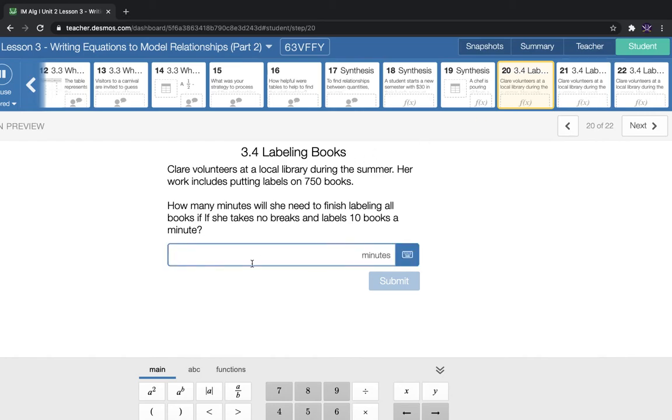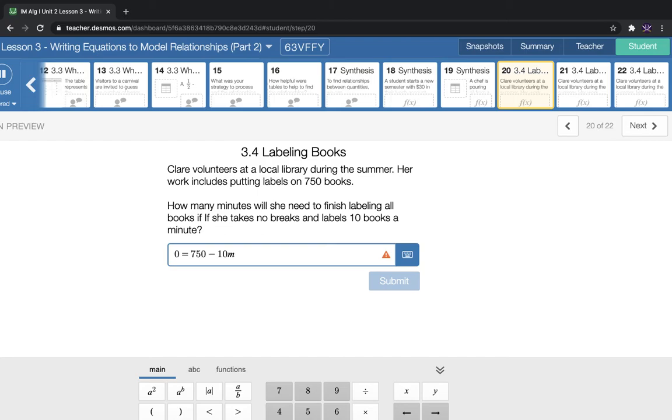We could say that, hey, we want to know when she's at 0 books, right? And that's going to be 750 because that's putting labels on our books. That's how many books we have. All right, and we're subtracting the 10 books every minute, and we want to know what that minute is, and that's m. Okay.